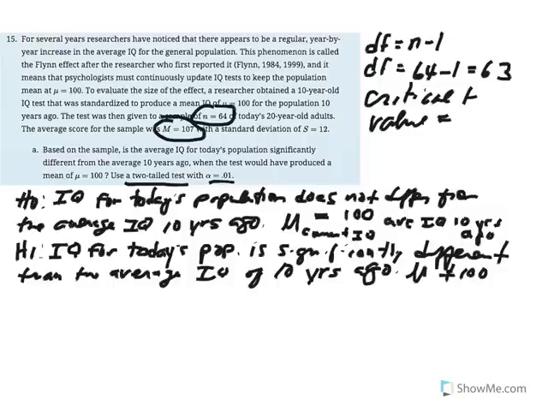So we've identified that our critical t is 2.660, and it's plus or minus since it's a two-tailed test. Let's draw our distribution. We identify where our values reside that partition the critical region.